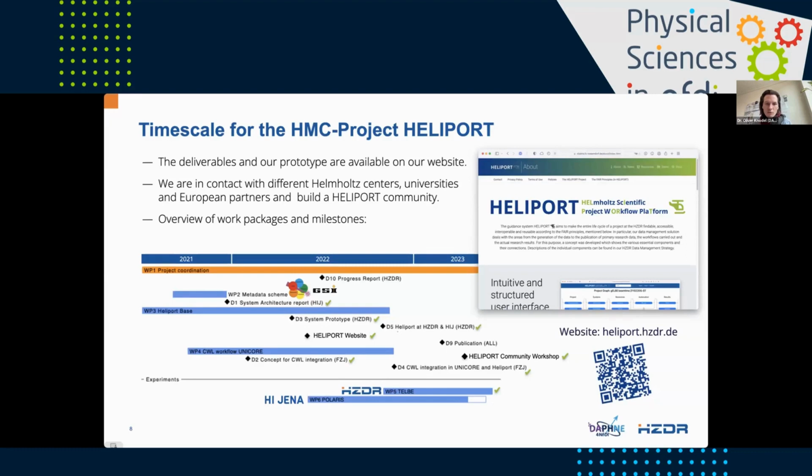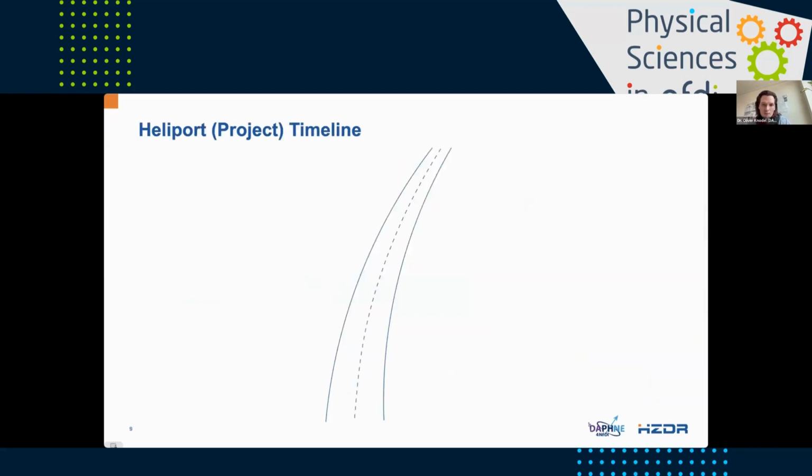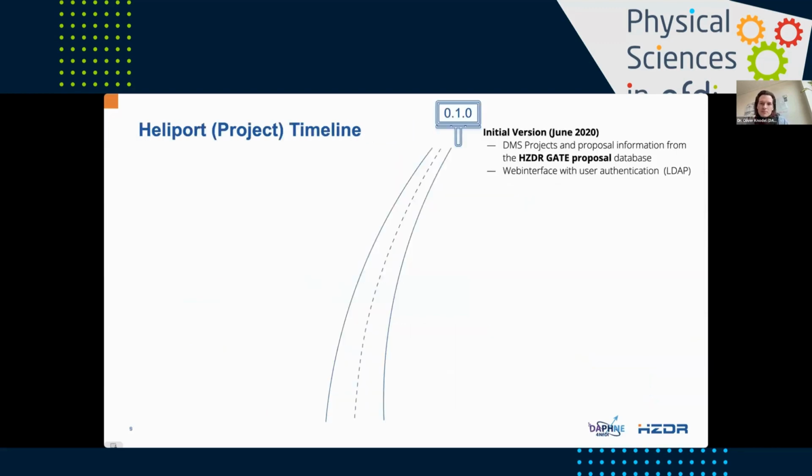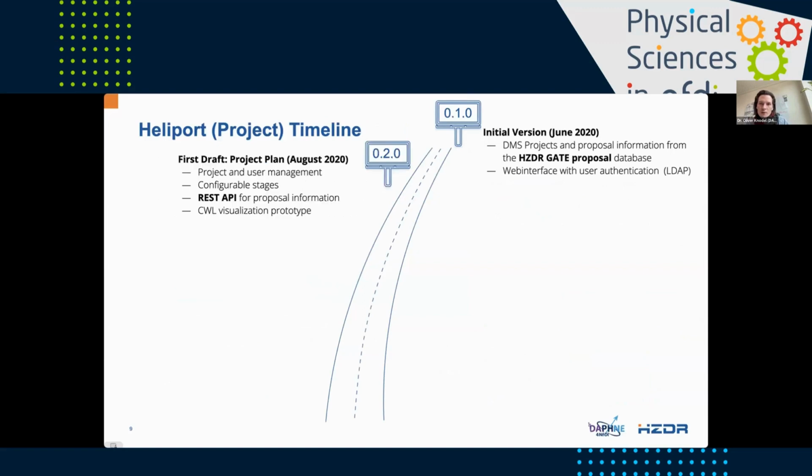And then we have hopefully in the future a really nice system where we can access resources on different facilities in a fluent way. So our Heliport project is now over. Since last year, we started with our proposal management system to integrate all this metadata from the proposals.